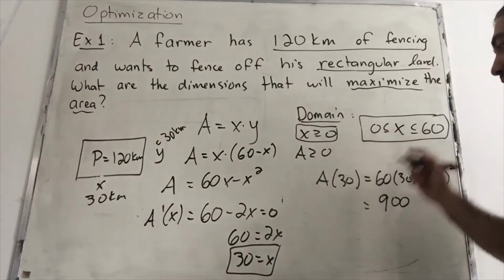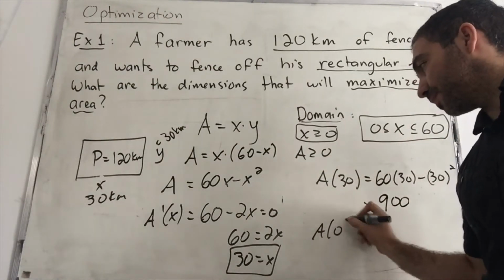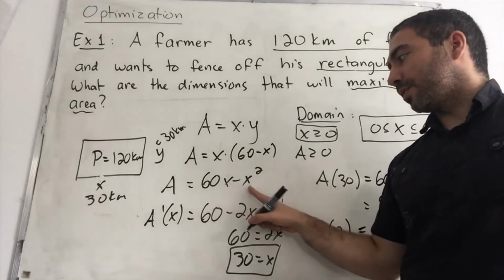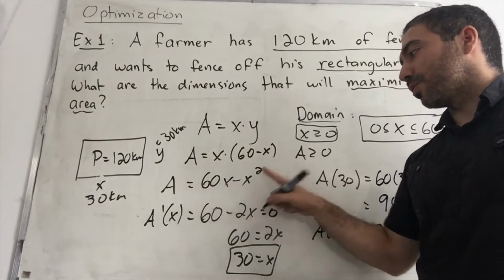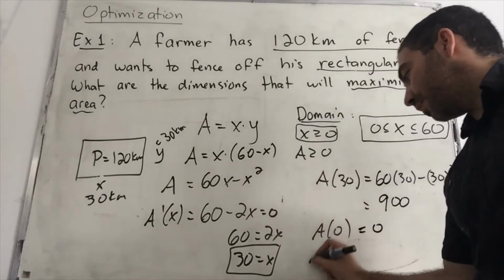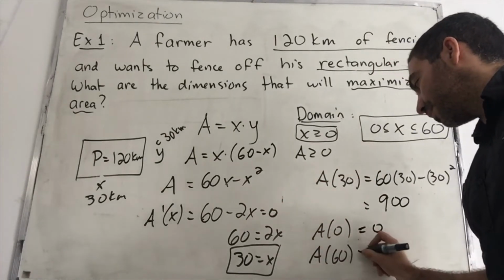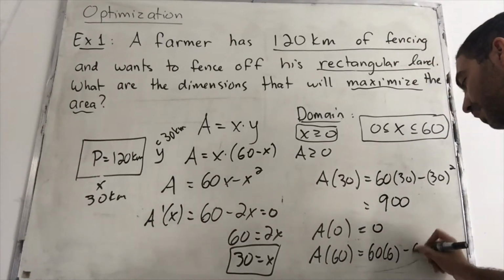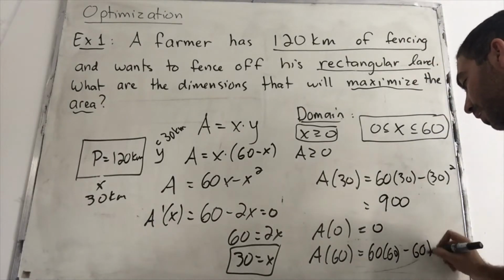Whereas if we plug in 0 or 60, A of 0 is just 0, that's obvious. Because if you plug in 0 here, 60 times 0 minus 0 squared is 0. And if we plug in 60 in here, we get 60 times 60 minus 60 squared.